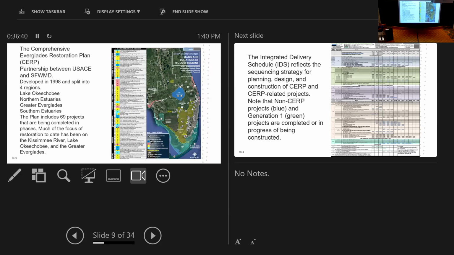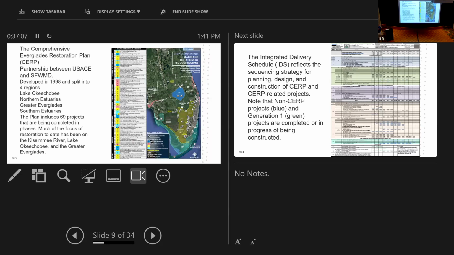Most of the focus in the beginning, and we're still kind of in the beginning of it, has been on Kissimmee River, which is done. Restoration of the Kissimmee River is done, and it's been on Lake Okeechobee, getting the timing of releases right into those pop-offs off to the left and right, to east and west.